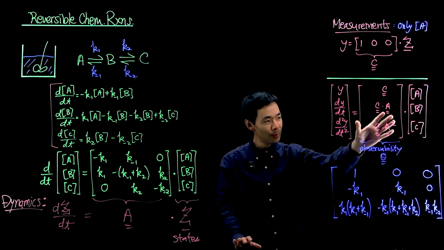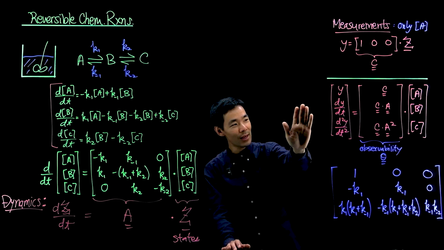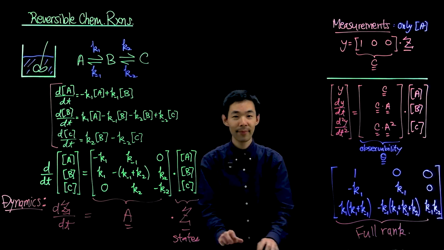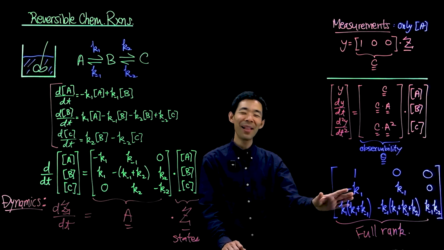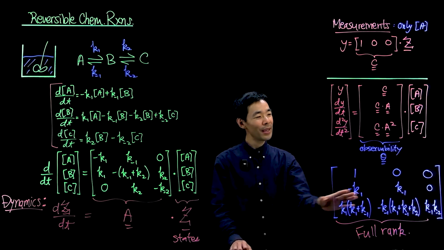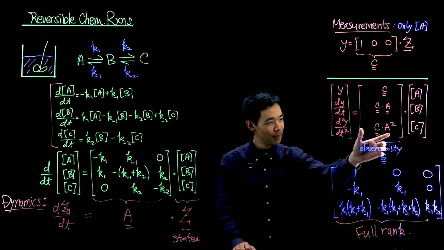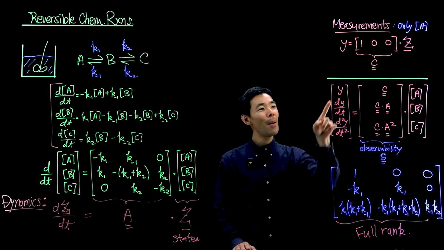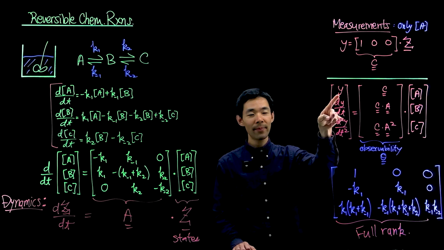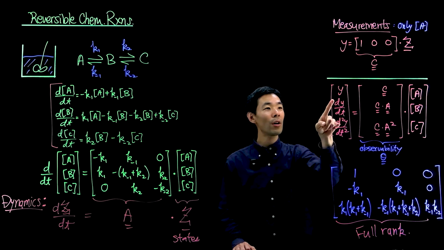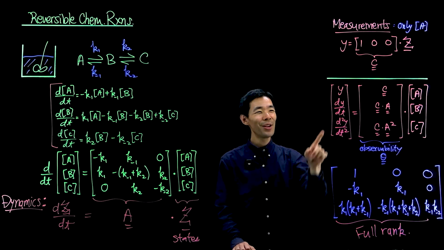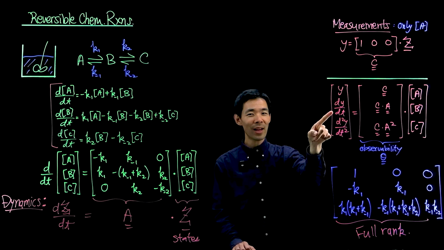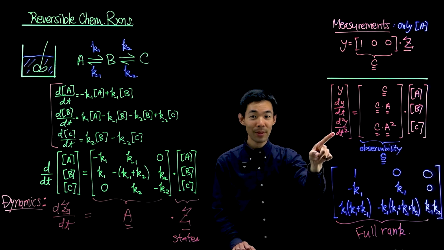You can take this observability matrix, invert it onto the left-hand side, and so you can make a lot of progress. What we find from this analysis is that because we can invert our observability matrix over onto the left-hand side, as long as we make a measurement of y, which in this case is only our concentration of species A, so we have our reactant concentration at the current time, 1 time step in the past, 2 time steps in the past.